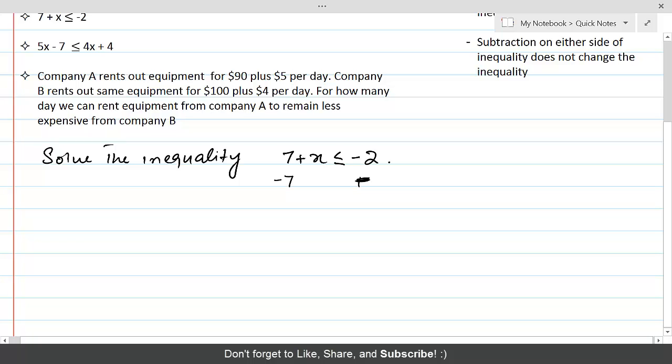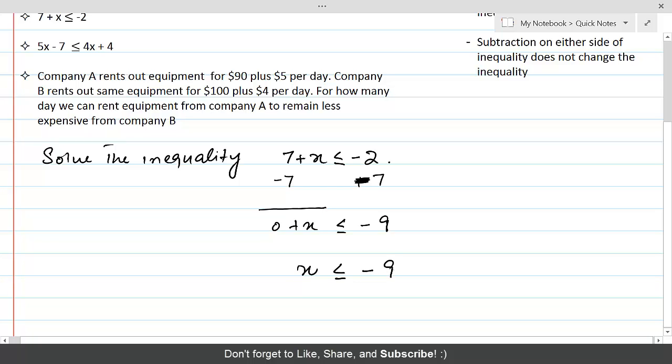This will give us 0 plus x is less than or equal to minus 2, and minus 7 will become minus 9. 0 plus x, 0 is the additive identity. Therefore, 0 plus x is x, which is less than or equal to minus 9.